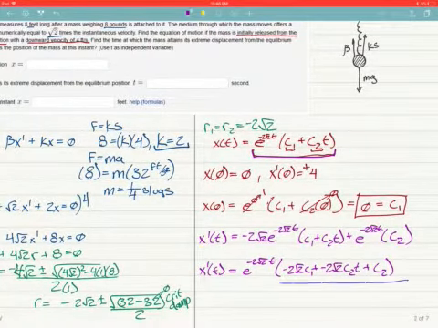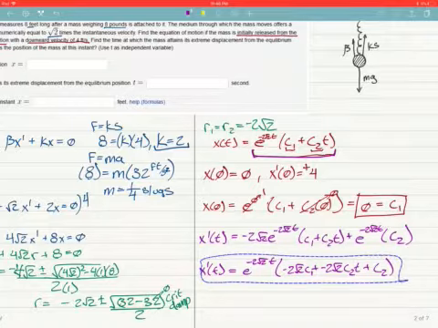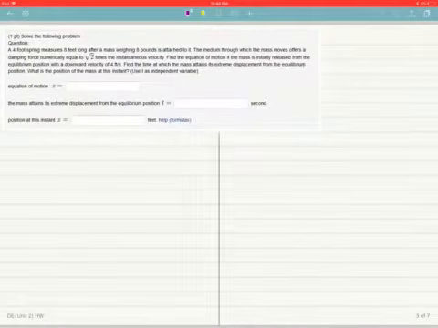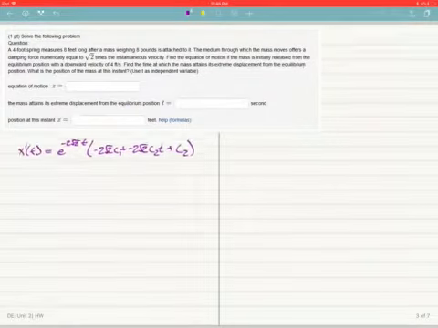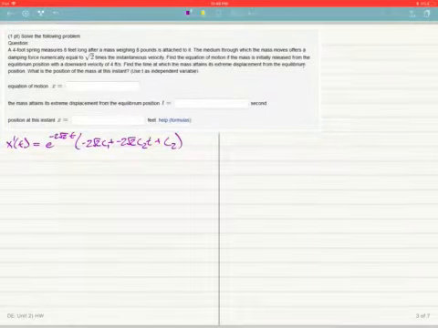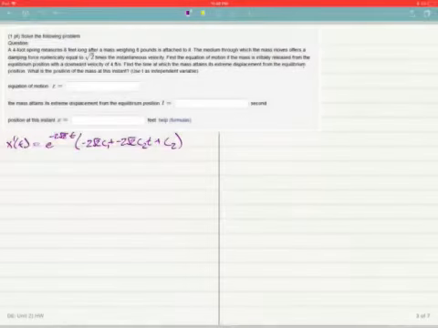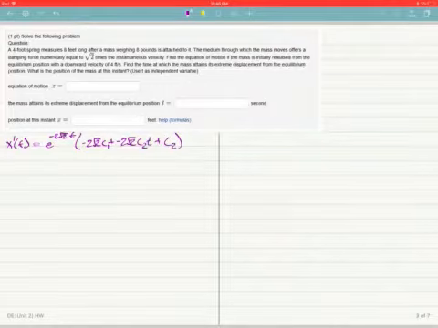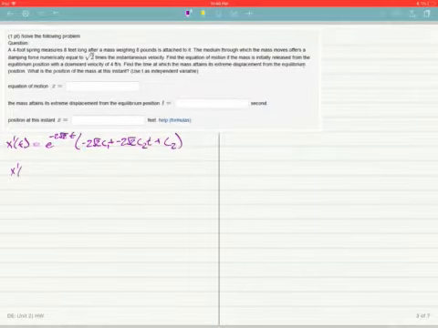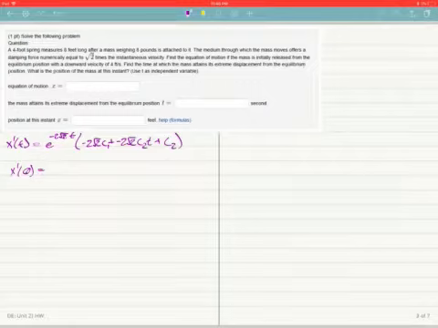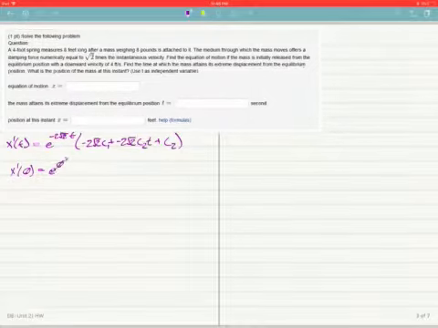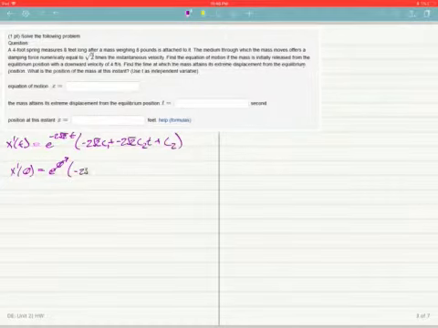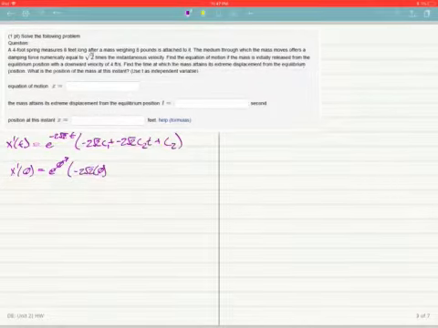So to do that, we're going to actually bring this over. So x prime at 0 is equal to e to the 0 once again times negative 2 square root of 2.